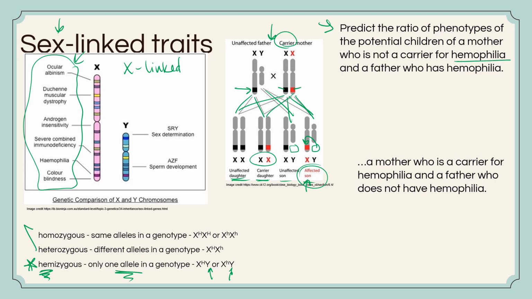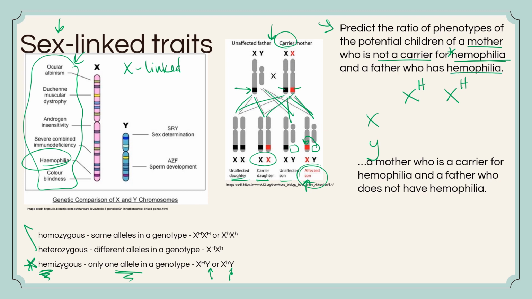Hemophilia is a blood clotting disorder that is on the X chromosome only. It is not on the Y chromosome. So when we show these crosses, the genotypes, we're going to add the X's and the Y's to show that these traits are on the X chromosome. If mom is not a carrier, she's going to be X superscript capital H, to show that she does not have hemophilia.